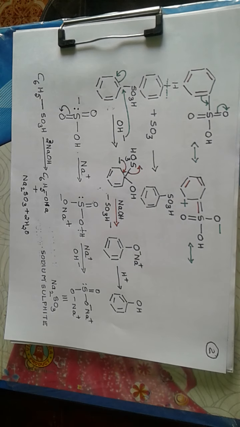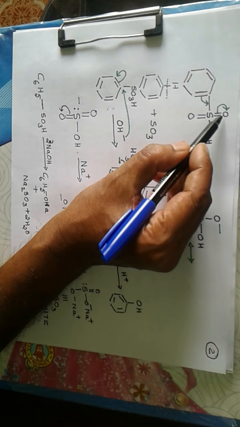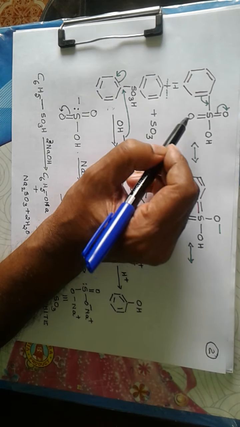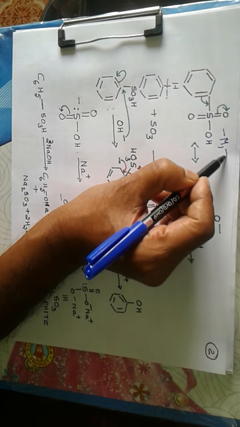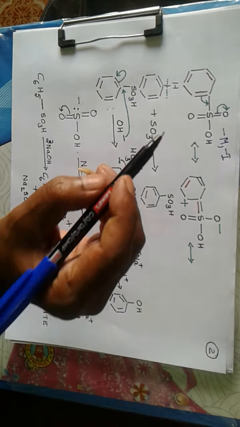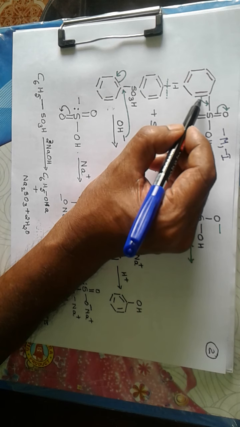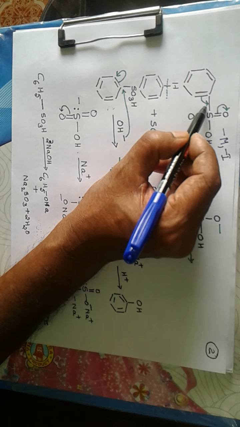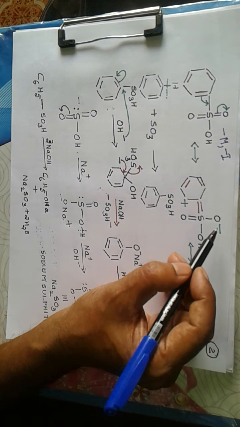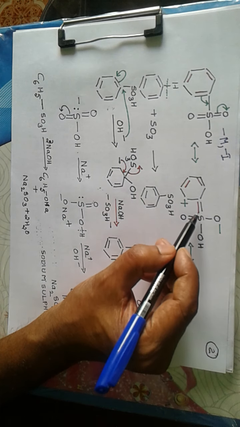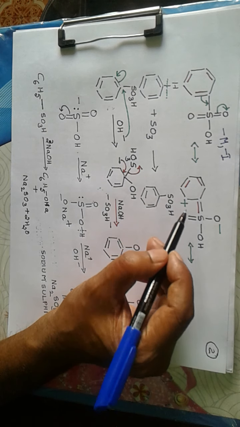Now benzene sulfonic acid is also stabilized by resonance, and this group contains more electronegative atoms, oxygen atoms, so it shows minus mesomeric effect and minus I effect. So this pi bond may shift in this direction, and simultaneous ionization of this SO bond occurs, and we get O negative, double bond here, and a positive charge here.